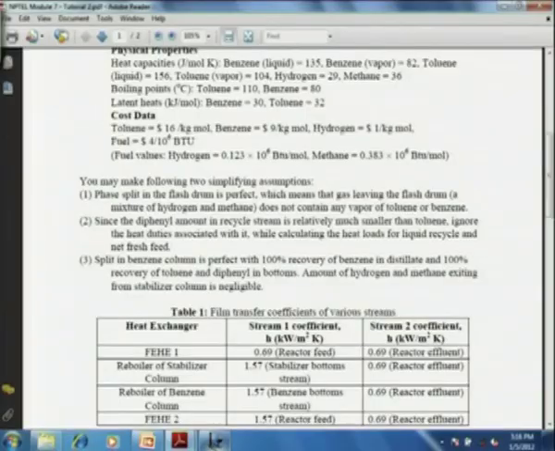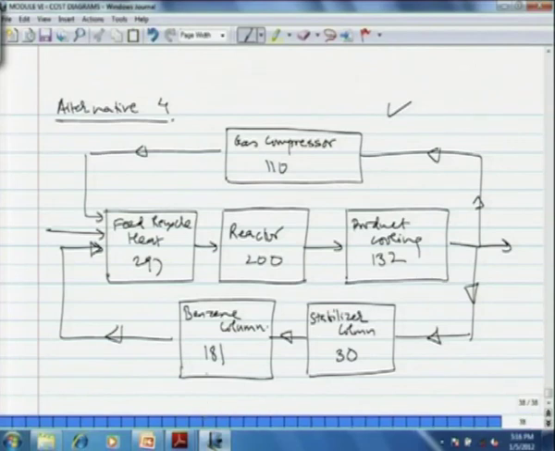Now, we have already made the lumped cost diagram in previous exercise, which is right there on your screen. Okay. And now we start with that particular thing. Let us now write down all the parameters that are given.